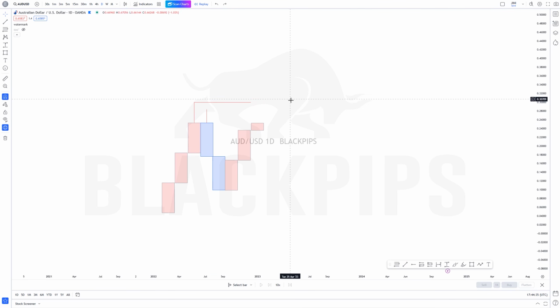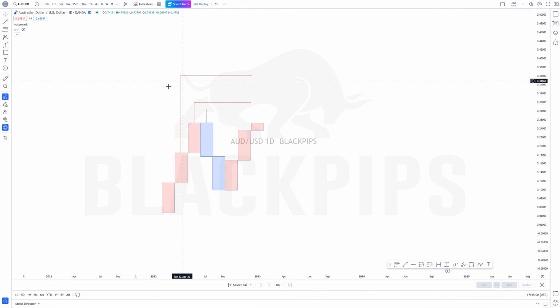But there are some scenarios that may happen like this. Maybe you have this highest point here, but you have this previous bullish candle which has a longer wick than the one that is found on the highest point. So some traders mark this wick as the break of market structure.